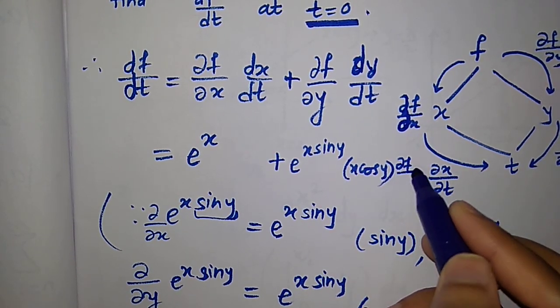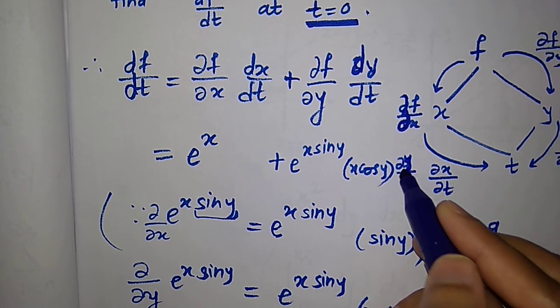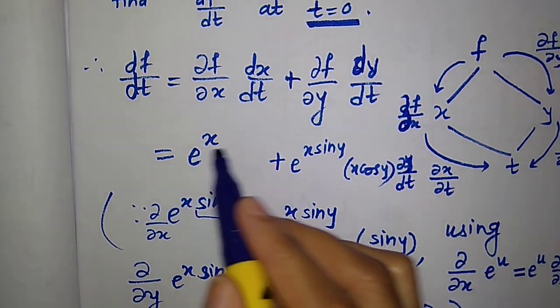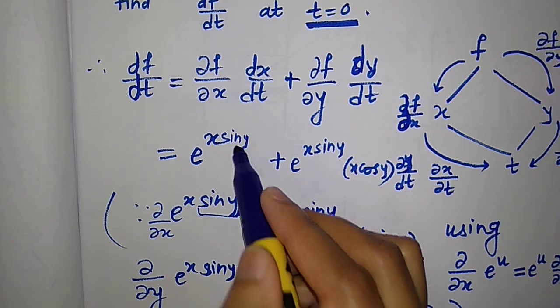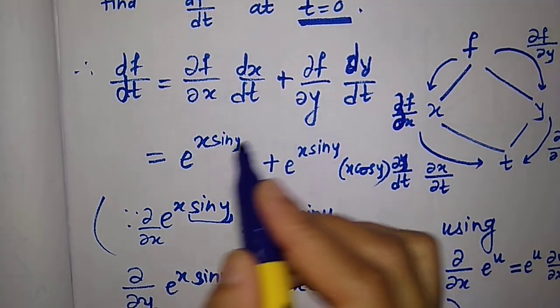And dy by dt is as it is, and this is sin y. So I am writing this below.